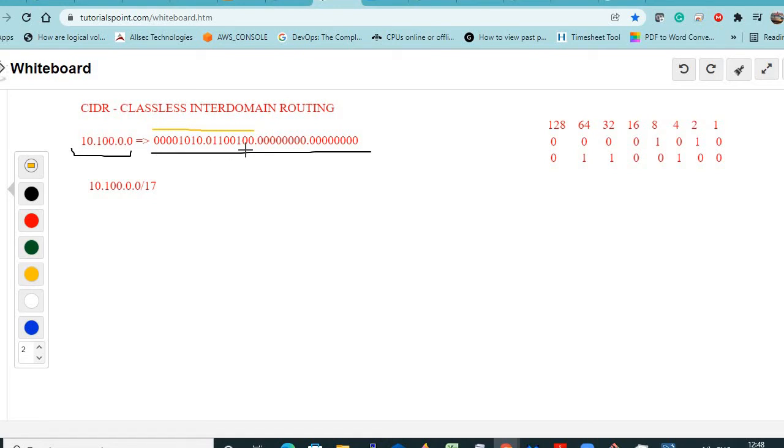Now 17 means one more bit. This is the additional bit you can borrow from the next octet. So this is what classless inter-domain routing is. Understand? If it is 17, then one more bit. 18, one more bit. Like that it will keep on adding.